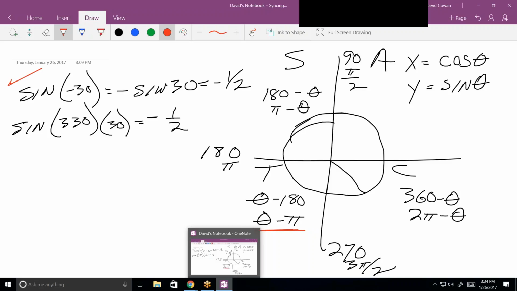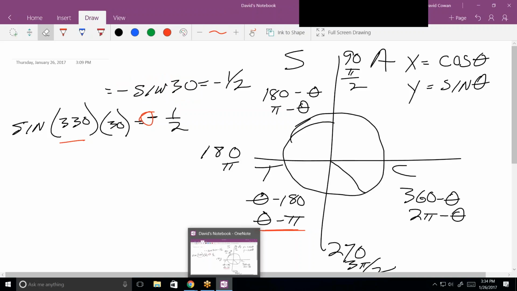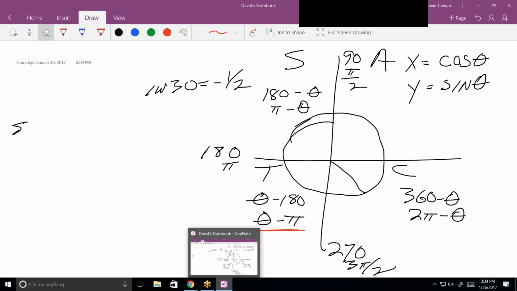I do not have to convert that to 330, so that saves a step. And then I don't have to go and figure out what its plus or minus sign is, because I'm dealing directly with a first quadrant angle the moment I do that. Little confusing, but I think you'll get it if we do a few of these.